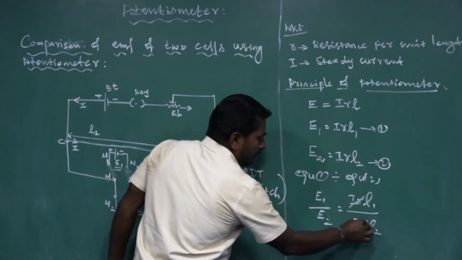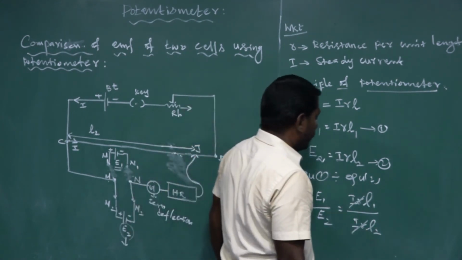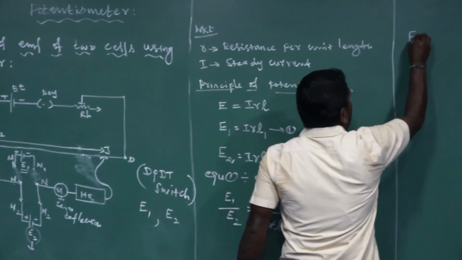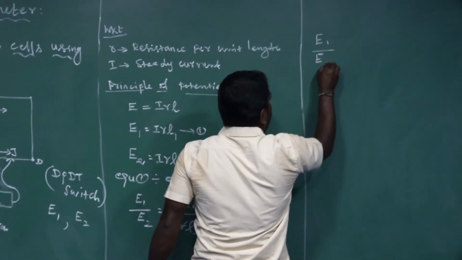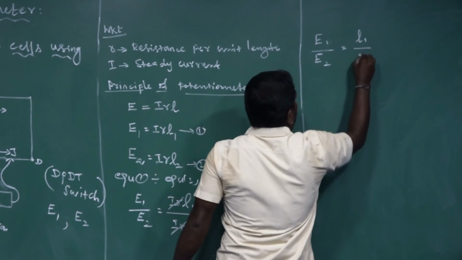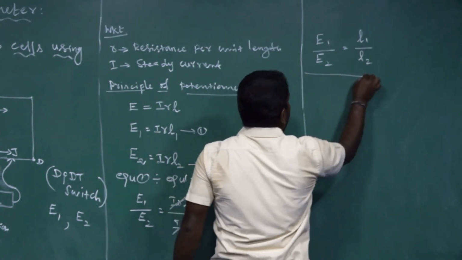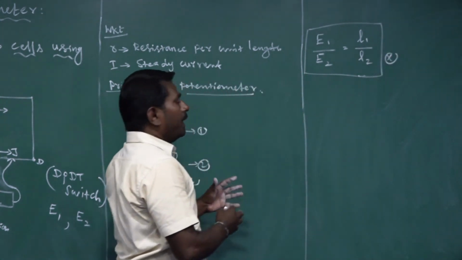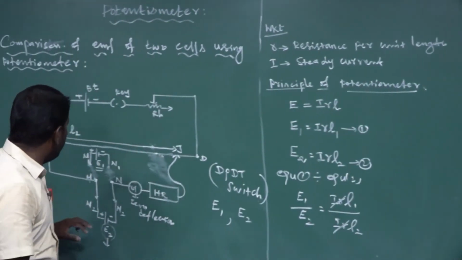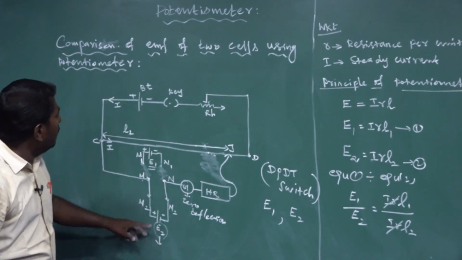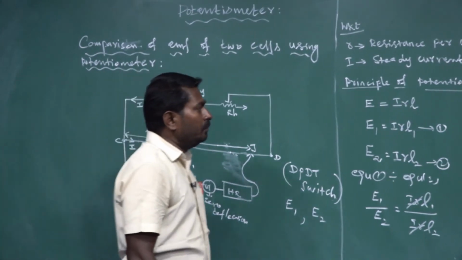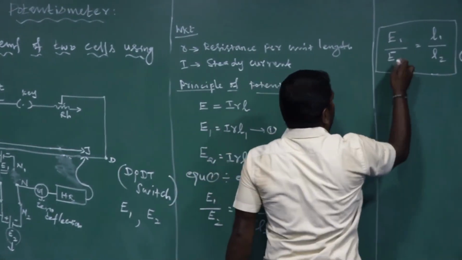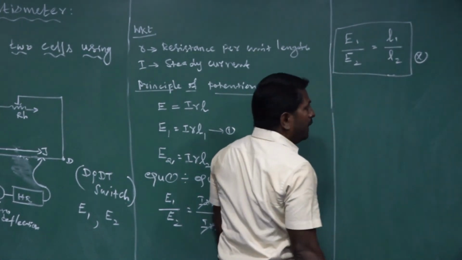So IR gets cancelled, and E1 divided by E2 is equal to L1 divided by L2. This is an important expression. We can compare the EMF of the two given primary cells E1 and E2 using the principle of potentiometer: E1/E2 = L1/L2.